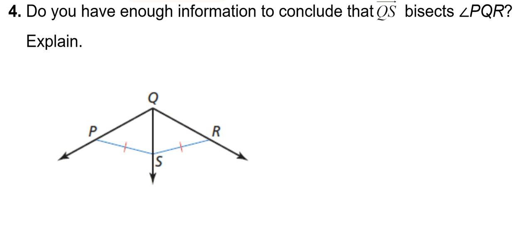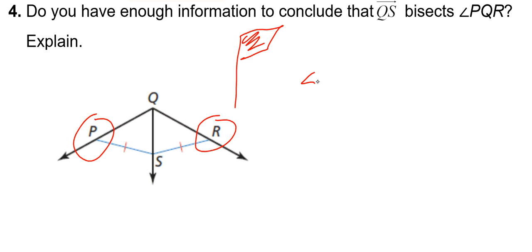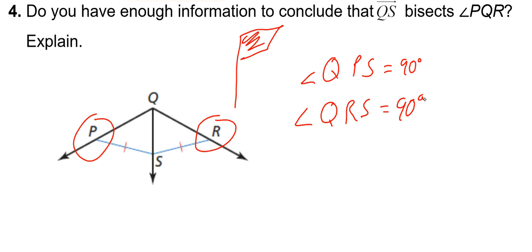So, how are we going to use this? Do we have enough information to conclude that QS bisects angle PQR? If we look here, we see that they're equal distances. But our red flag is that we don't know these angles here. Without knowing that angle QPS is equal to 90 degrees and angle QRS equals 90 degrees, we don't know those.